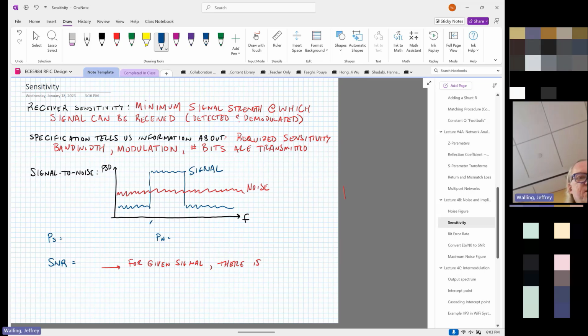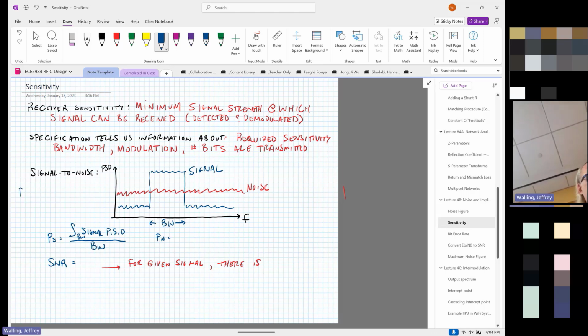Now, the signal that we're looking at here, the information bearing portion of the spectrum is the bandwidth of the signal. And the power in the signal is equal to the integrated signal PSD across the bandwidth divided by the bandwidth.